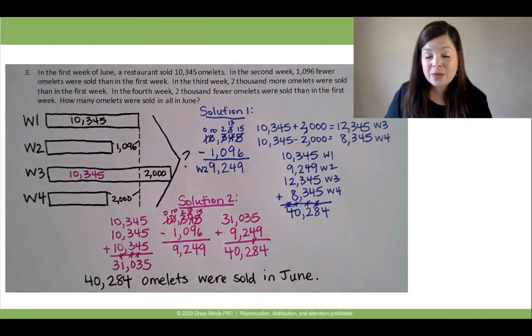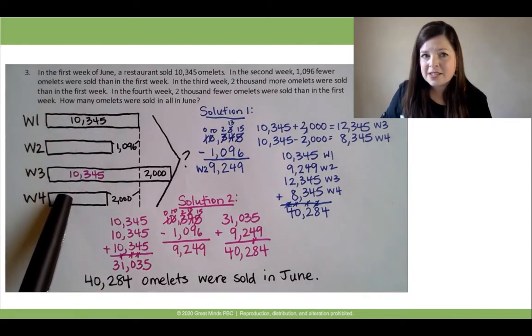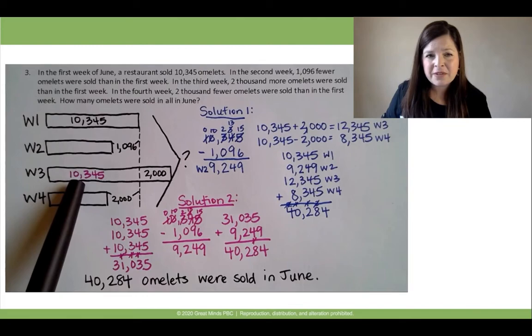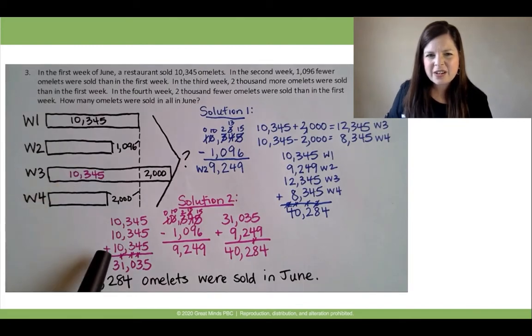Where can we see 3 units of 10,345 in our tape diagram? I can clearly see 2 units of 10,345, but where's that third unit coming from?